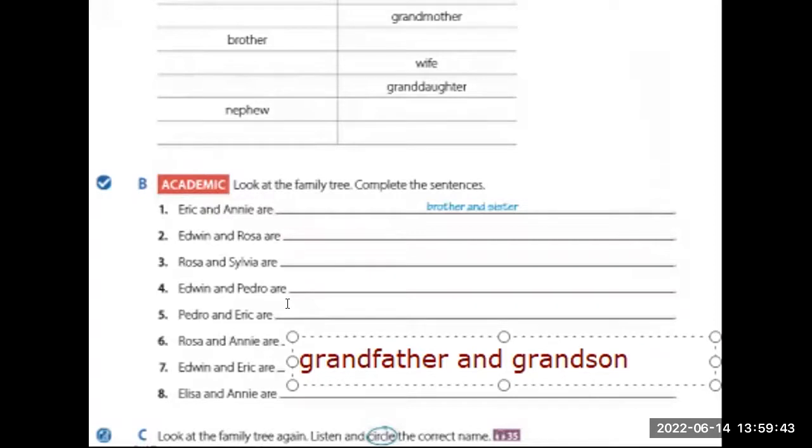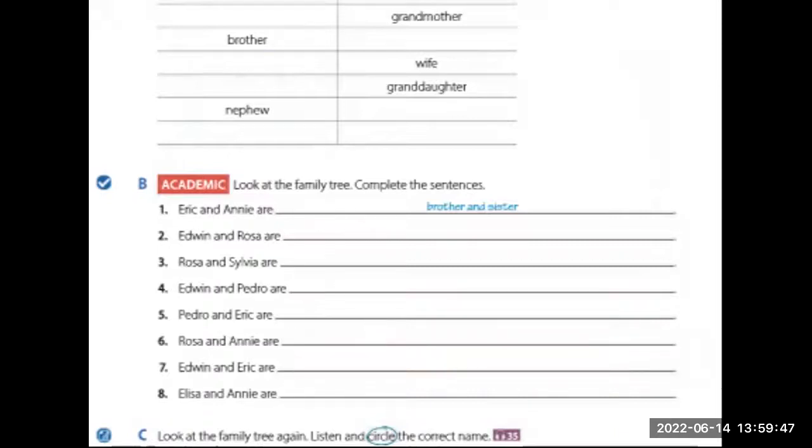Grandfather and grandson. Now the next one. Let's see, Alyssa and Annie. Alyssa and Annie, number 8.